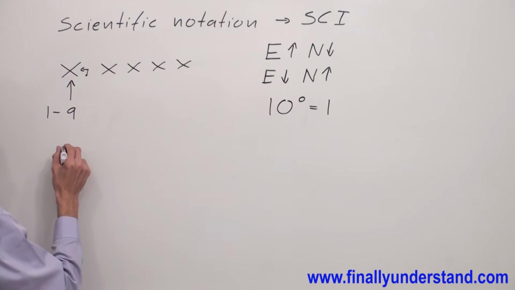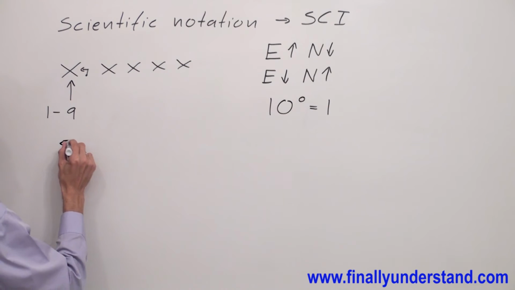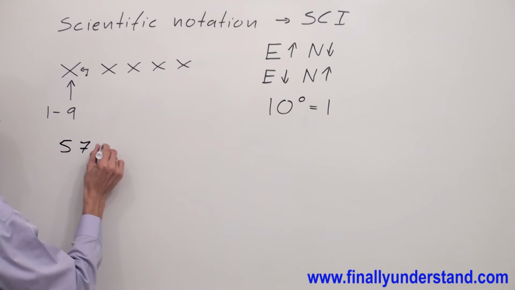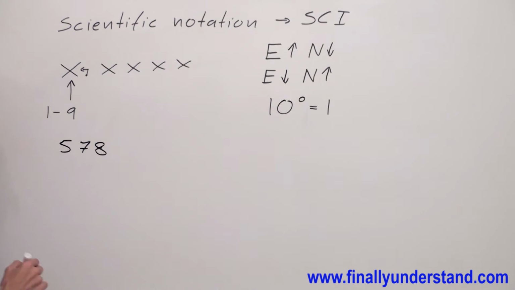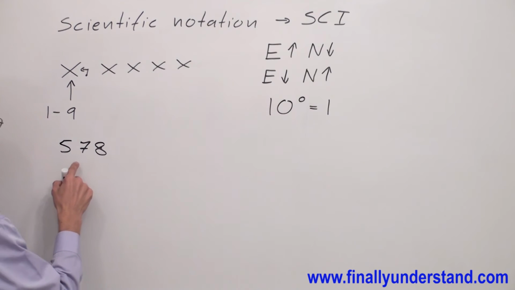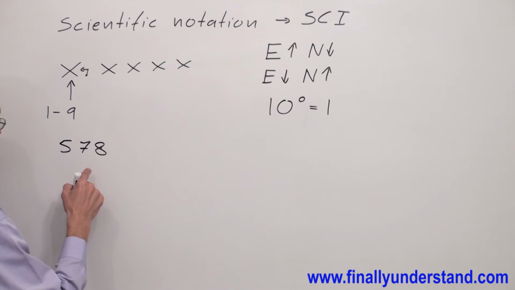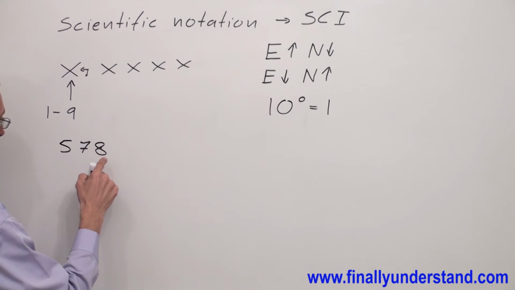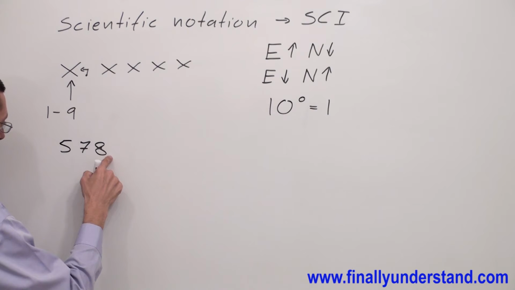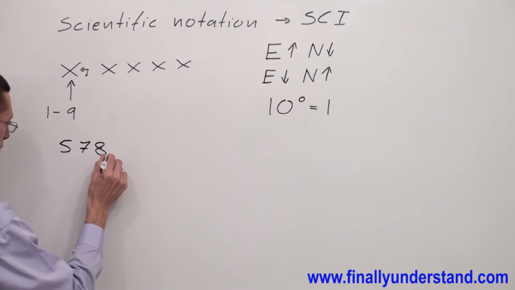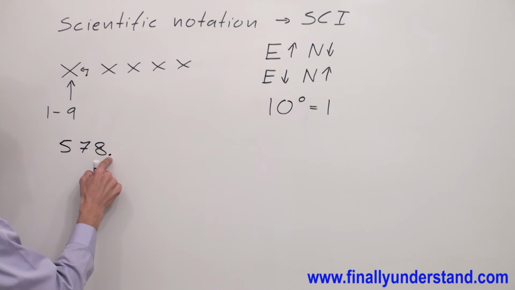Let's say I have 578. I want to convert this number to scientific notation. What am I supposed to do? First, keep in mind that anytime there is no decimal point written next to the number, there is always a decimal point at the end of the number.